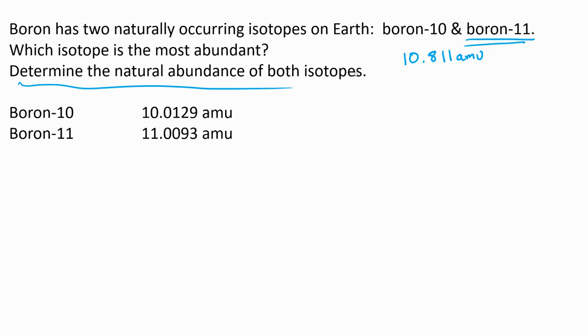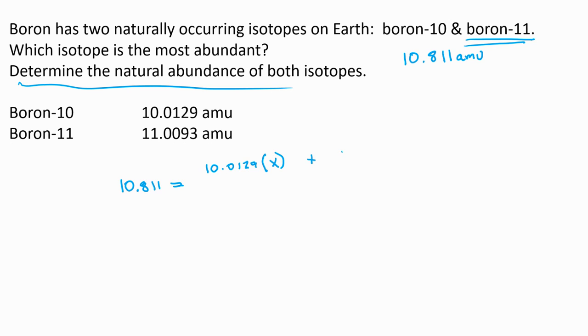Here's how you would do that. Take from your periodic table the average atomic mass, so 10.811. And again, I got that from the periodic table. We're going to set that equal to boron 10, which is 10.0129, times X. We don't know that percentage, so we're solving for it.